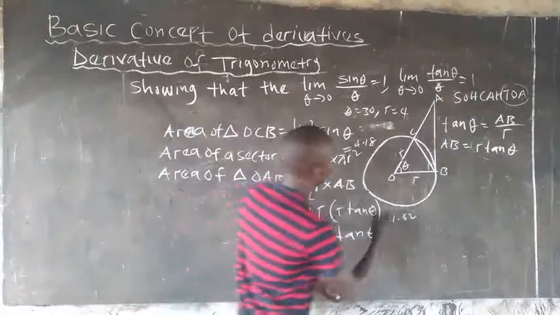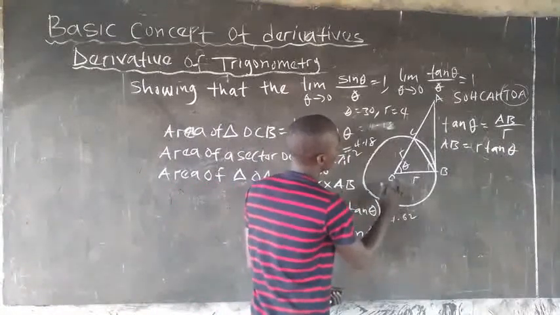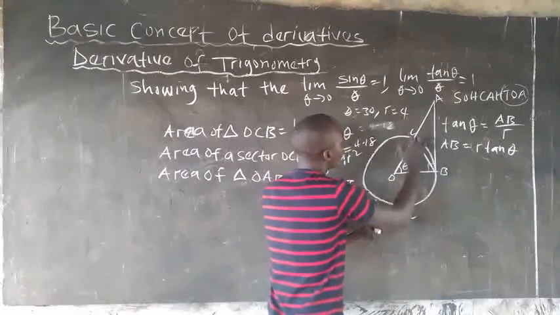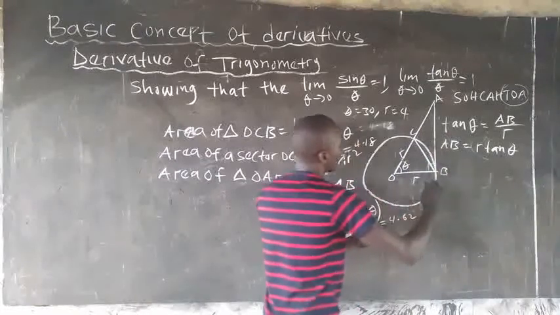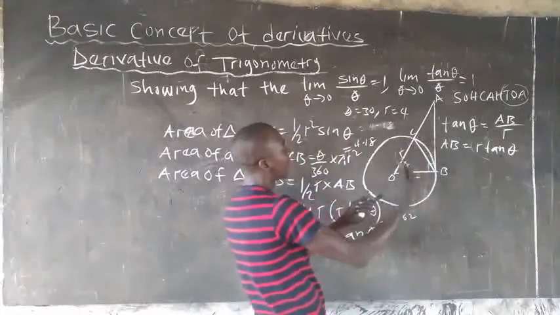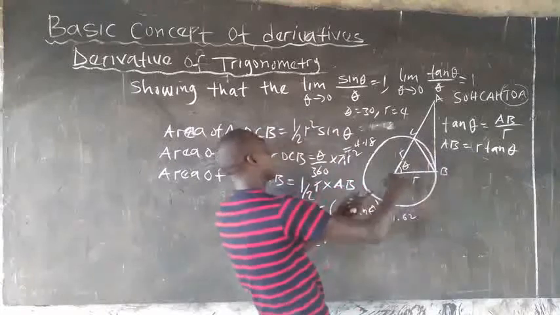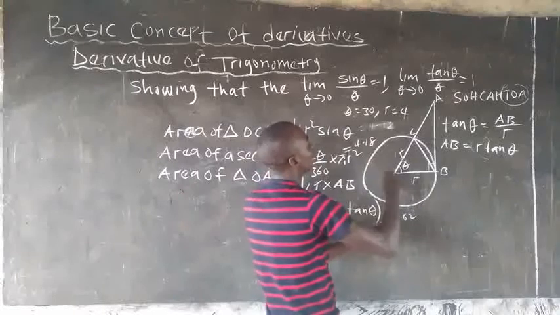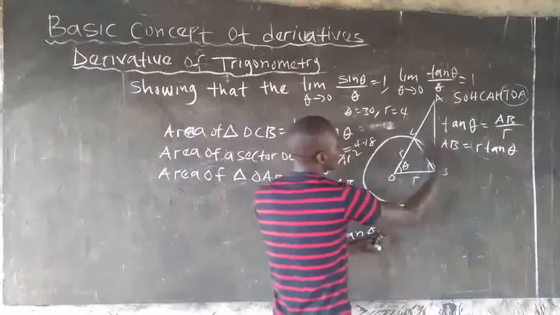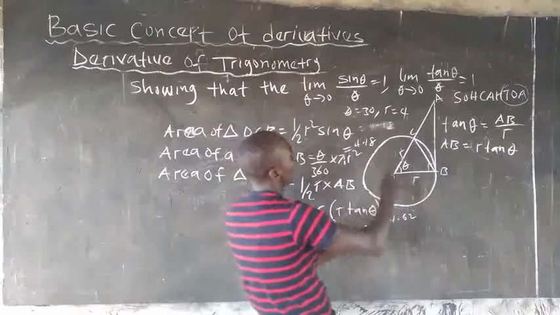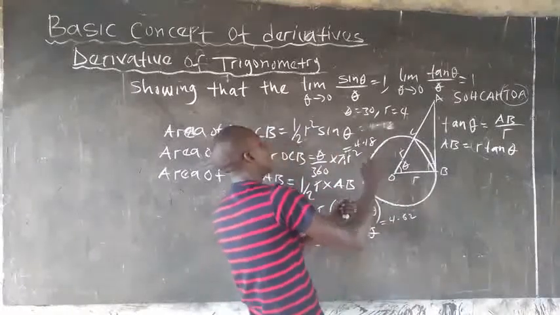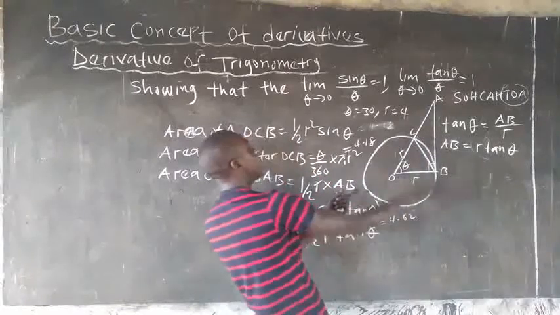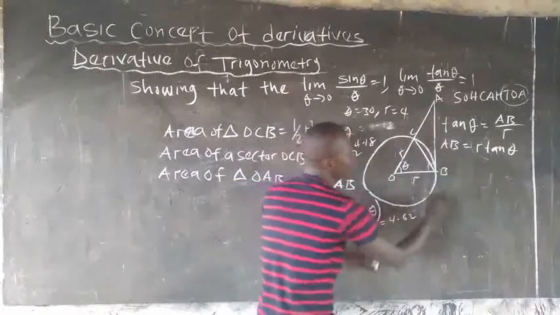The area of the sector OCB is greater than the area of the triangle OCB.